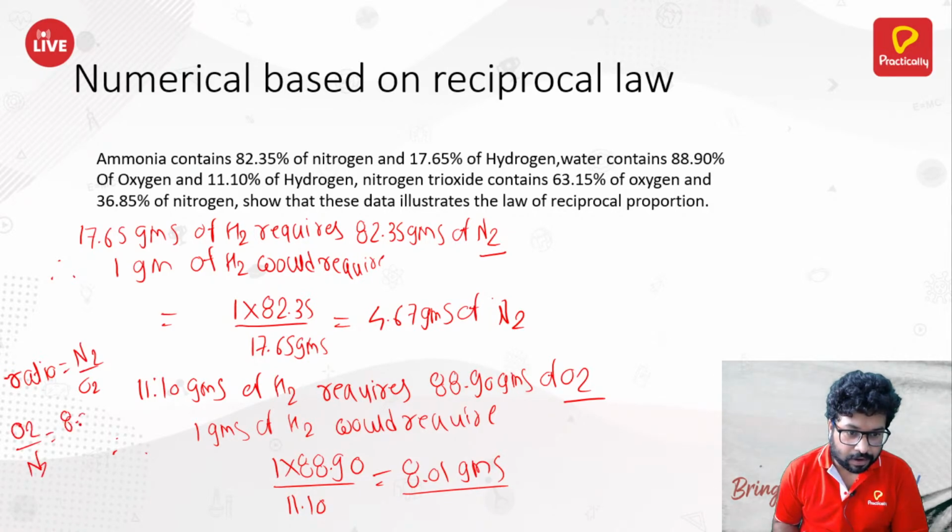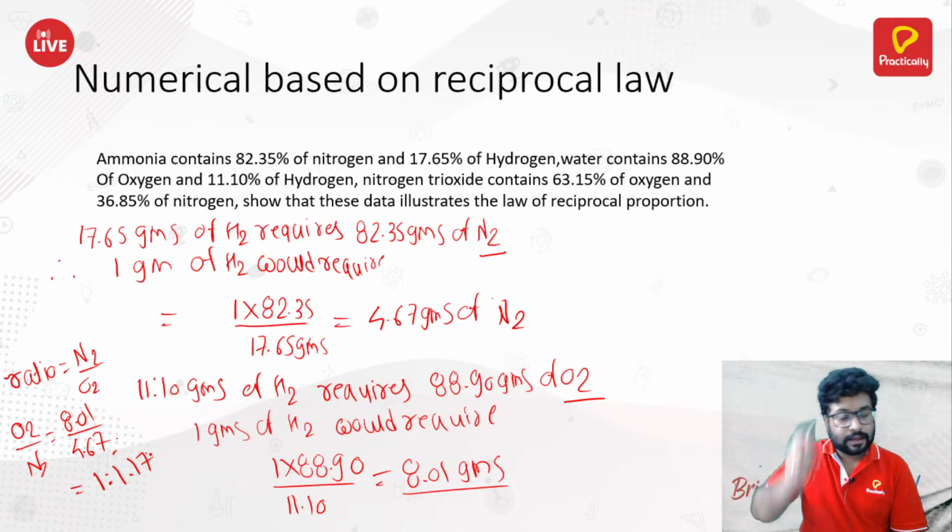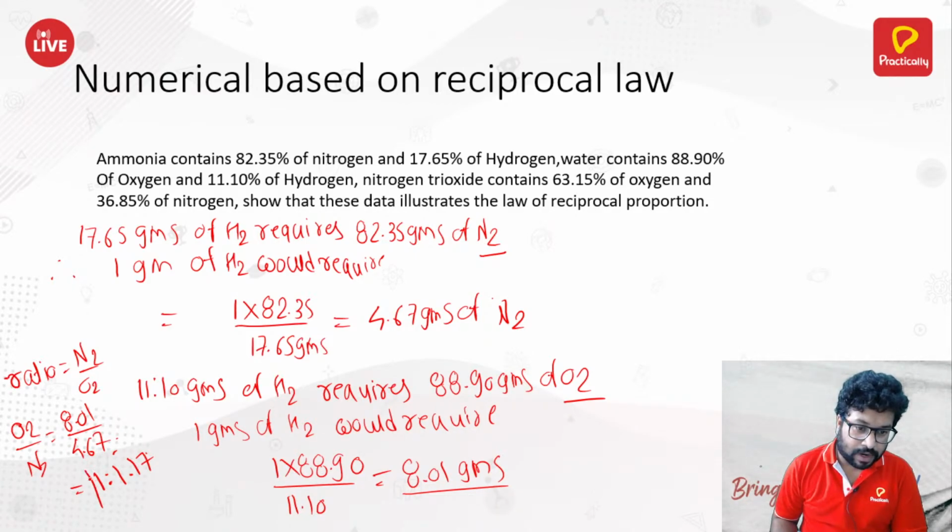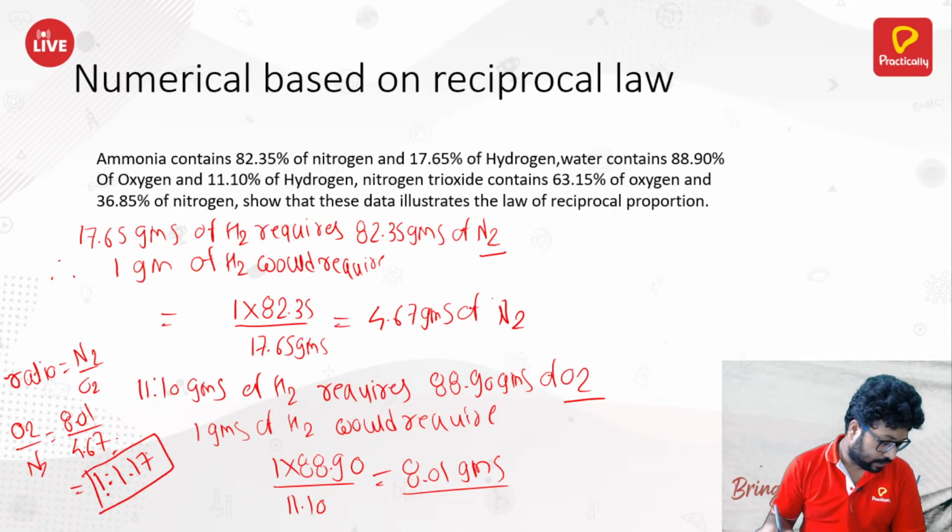So this is 8.01 divided by 4.67. This ratio comes out to be 1 as to 1.70.